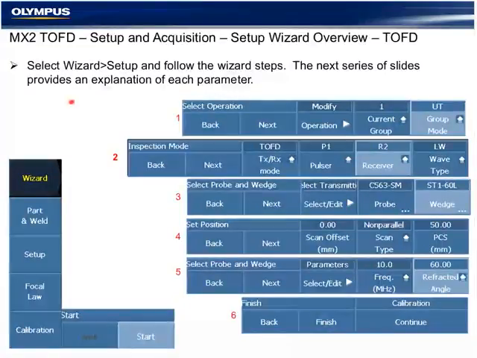So in the software, the wizards are going to take us through every little step of the setup. It's a simple wizard where we configure the probe and the part and the weld first. And in the setup of the TOFD group, it takes us through step by step all of the relative sections for the instrumentation, probe, wedge, scanner, and basic scanning parameters.